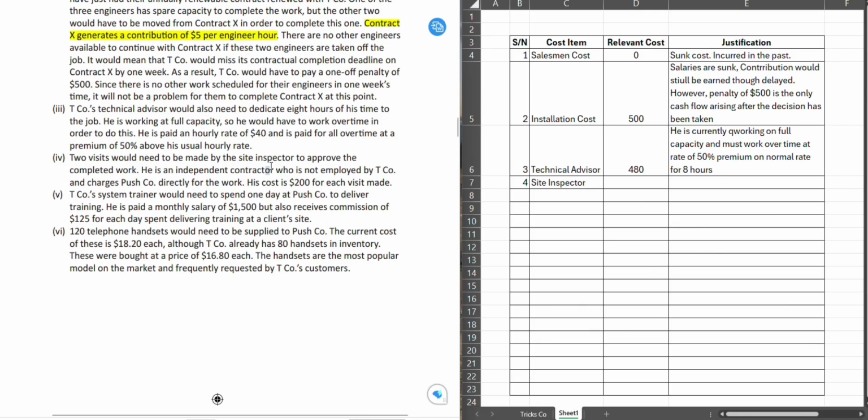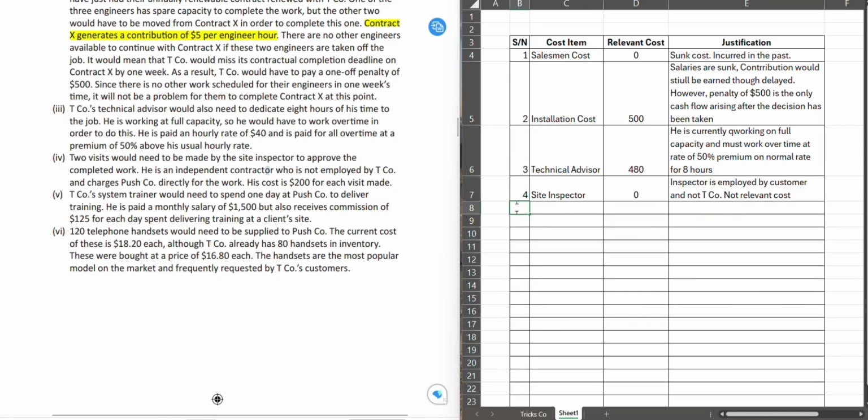We have not engaged the site inspector, so it's not our cost. In that case, it is 0. So the inspector is employed by the customer and not TICO. So in that case, not a relevant cost. This is pretty easy. We cannot pay our customer's staff. Customers have to pay their staff.